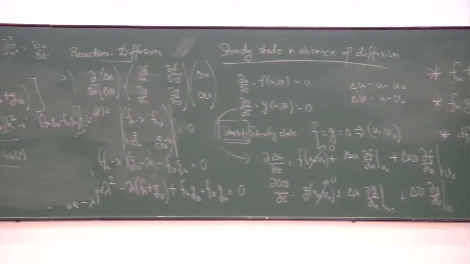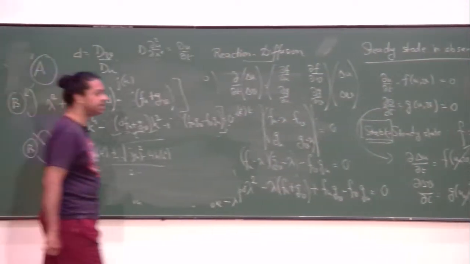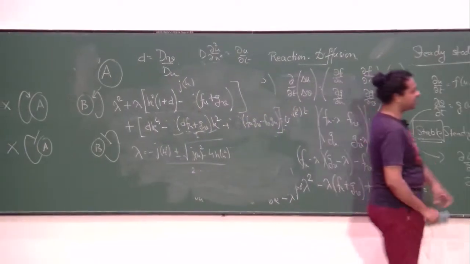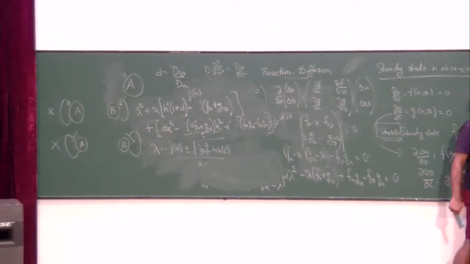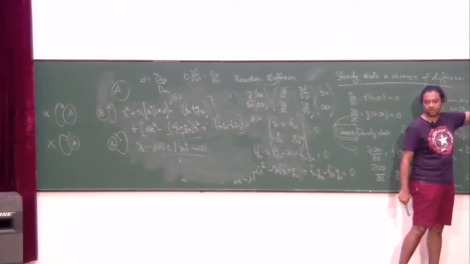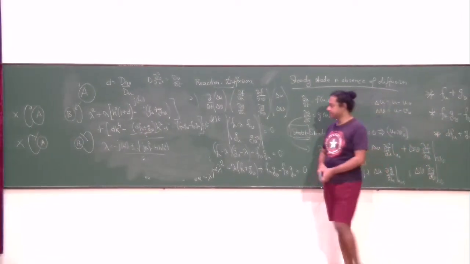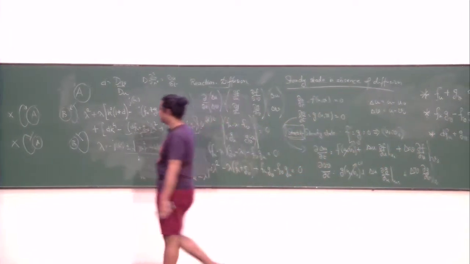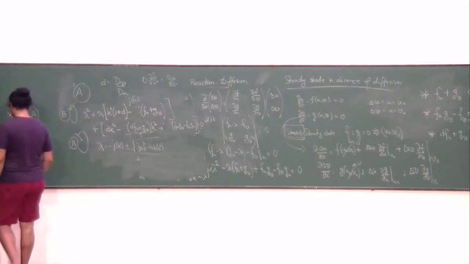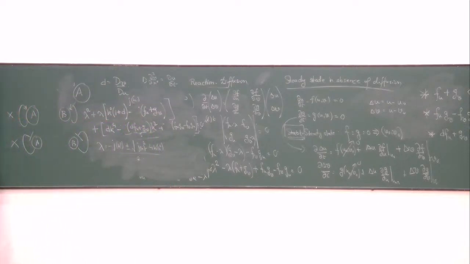In fact, if you have to satisfy these two simultaneously, what it says is that fu and gv necessarily must have opposite signs. One of them must be positive, the other one must be negative. It does not matter which is which, but you must have a network like this.